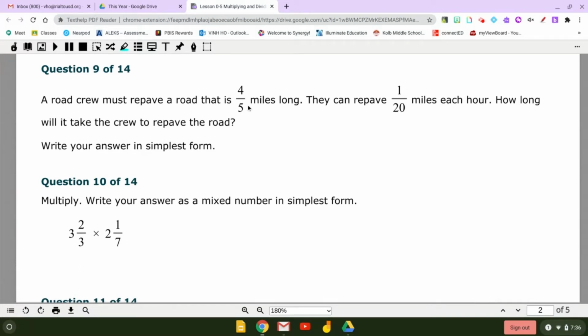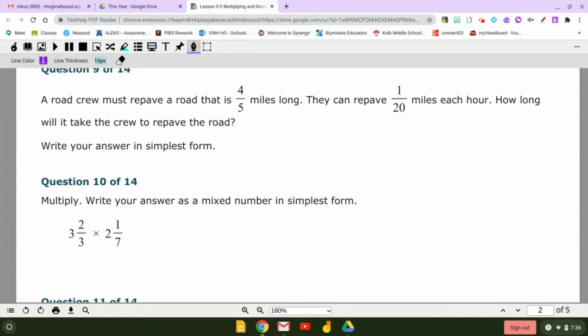So we have 4 over 5 miles long, that is how long they have to repave, but they can only do 1 over 20 miles each hour. So how many hours do they have to do this? We're going to divide 4 over 5 divided by 1 over 20, right? Because that's how far they can do in 1 hour.